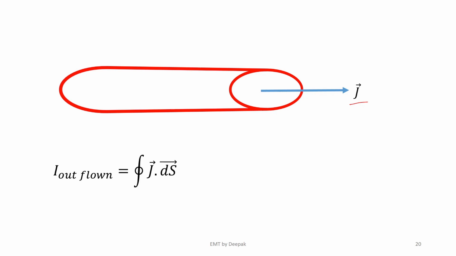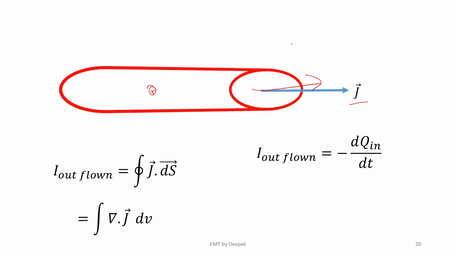But I know that the current flowing outward is equal to the decrease in charges inside the body. Only if the charges inside the body decrease can the current flow out.